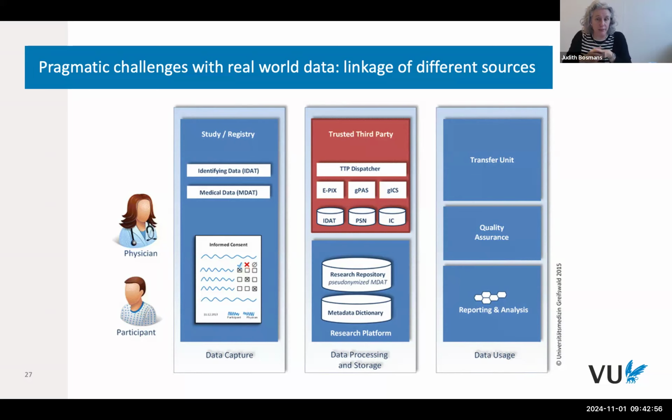So there's a third party in between. And we have to ask all people for informed consent to link their data to other sources and to use it for research. So that's one of the biggest problems that we encountered in the Netherlands. And that will be the case in all EU countries.